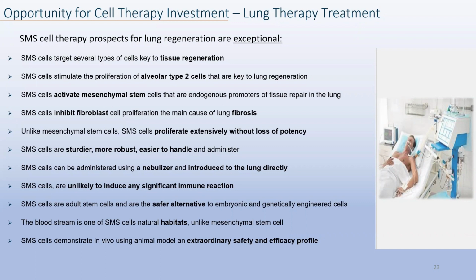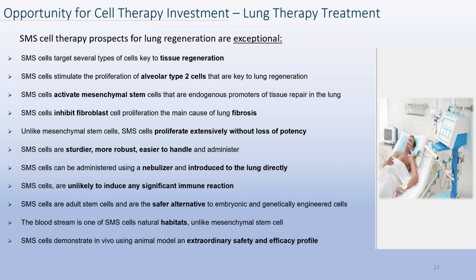This is an extraordinary opportunity to invest in cell therapy for lung treatment. SMS cell therapy prospects for lung regeneration are really exceptional and not to be compared to any other available therapy.